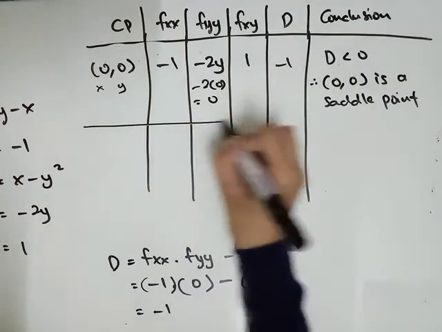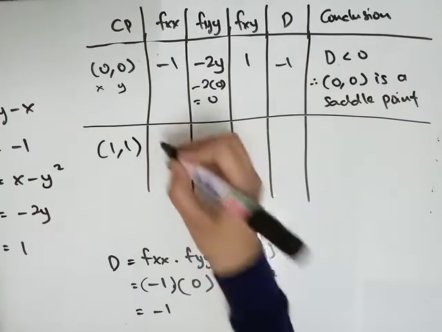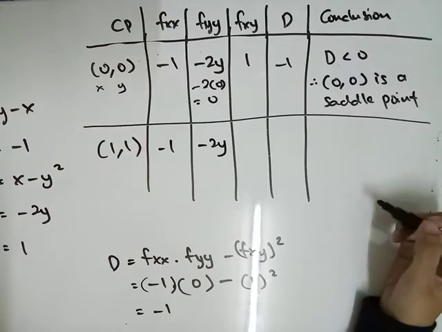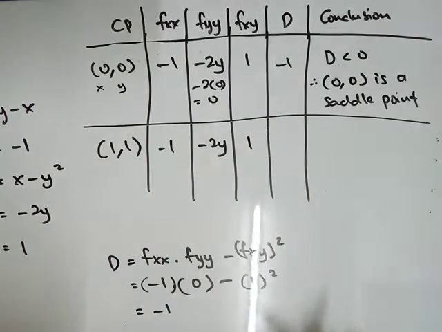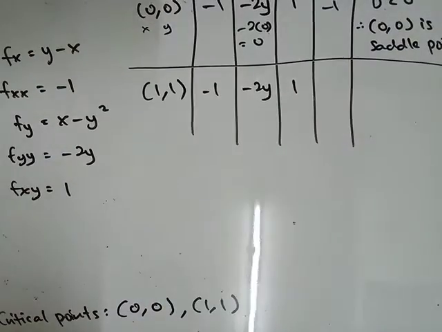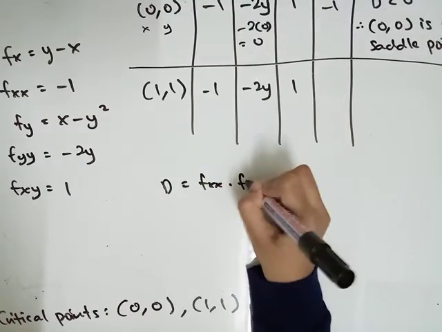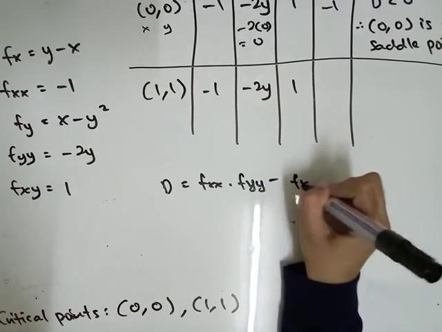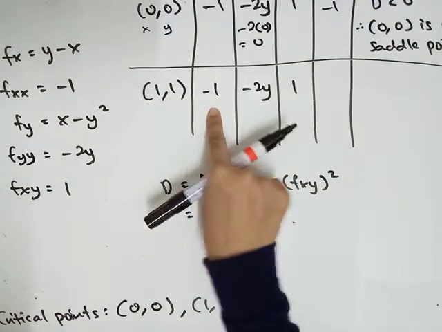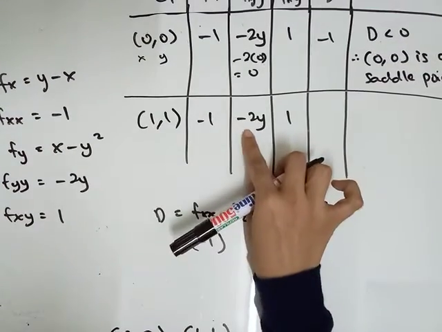What about the second critical point, which is (1, 1)? fxx is -1, fyy is -2y, fxy is 1. So how to find D? Using this formula, D equals fxx multiply with fyy minus fxy power 2. So fxx is -1, multiply with fyy, which is -2y.